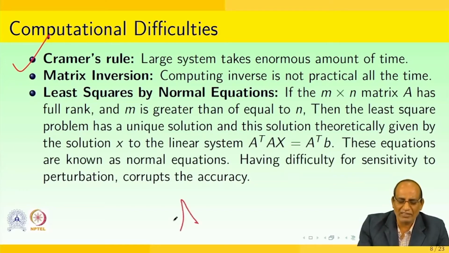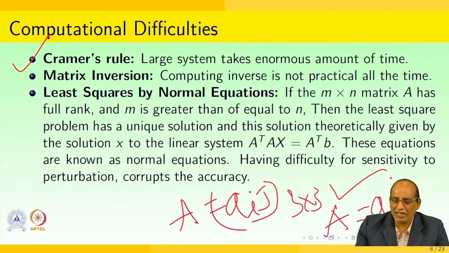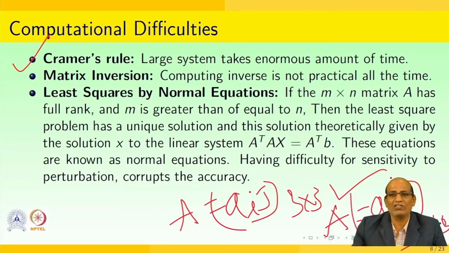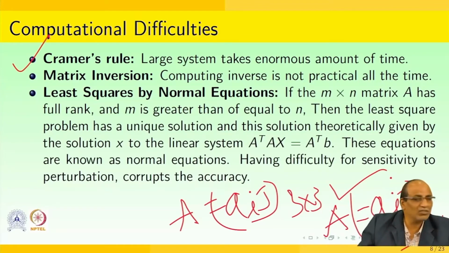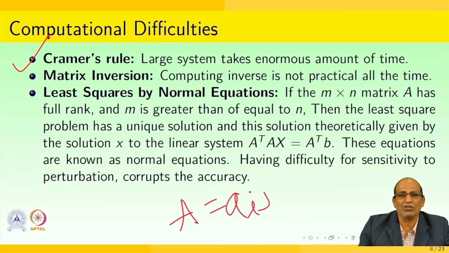For example, if the matrix Aij is 3 by 3, you can find it out. For a 10 by 10 matrix, I can find it in some way or the other. But in general, when the matrix becomes larger and larger, it becomes very difficult to use Cramer's rule.